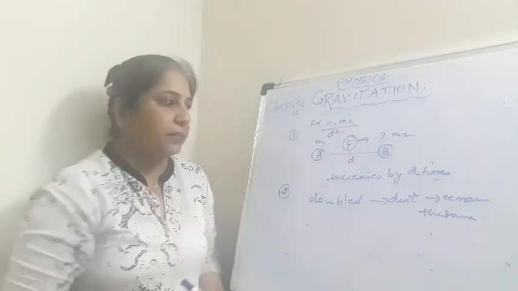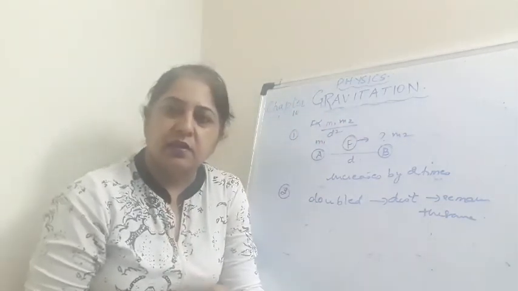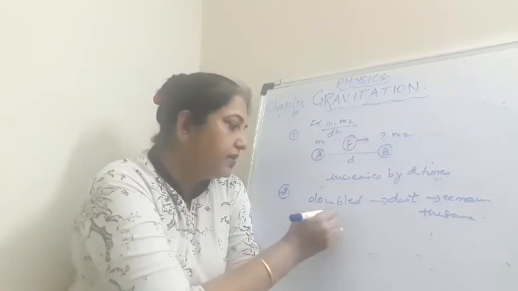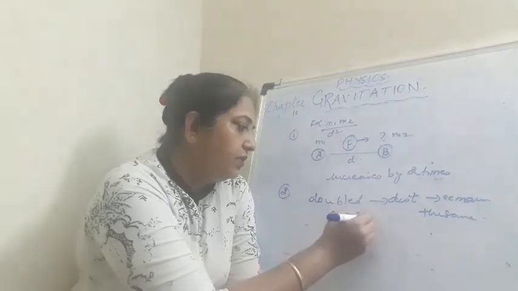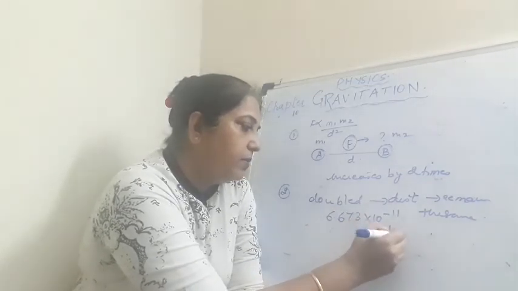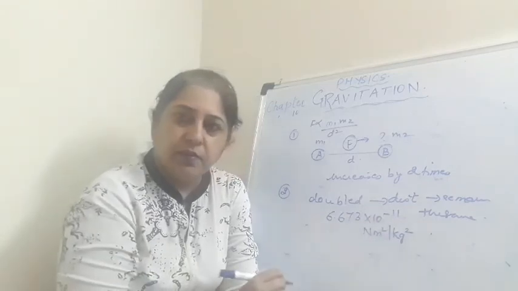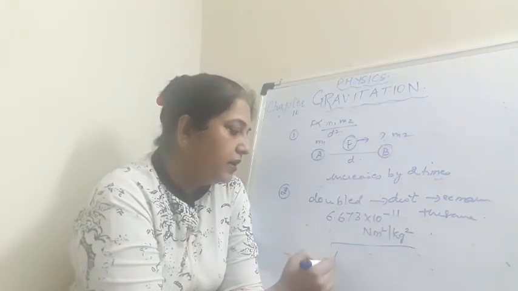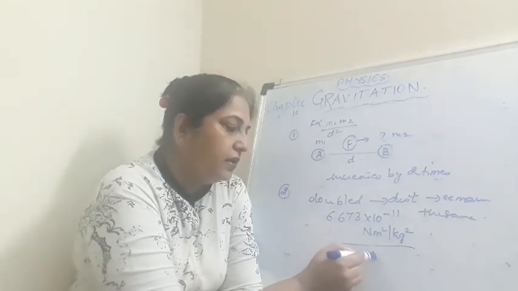And what is capital G? Capital G is the gravitational constant. It has a fixed numerical value, 6.673 × 10^-11 Newton meter square per kg square. And force is measured in Newton.